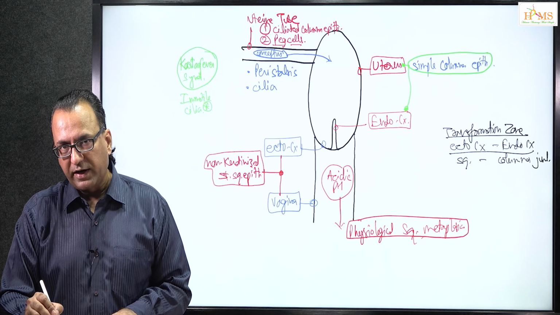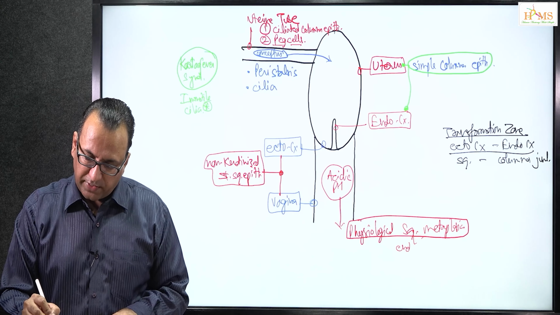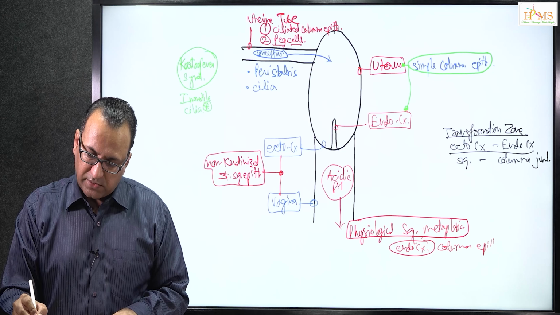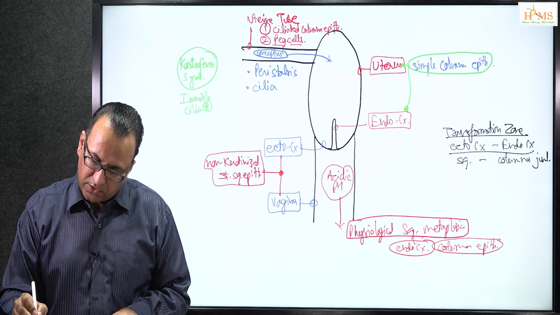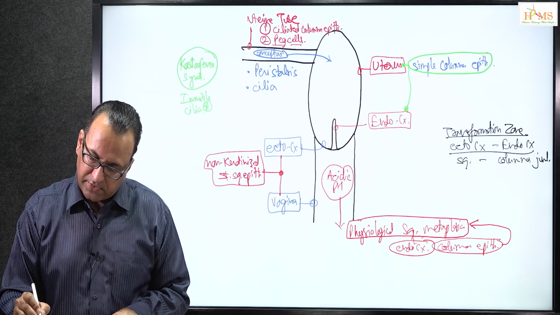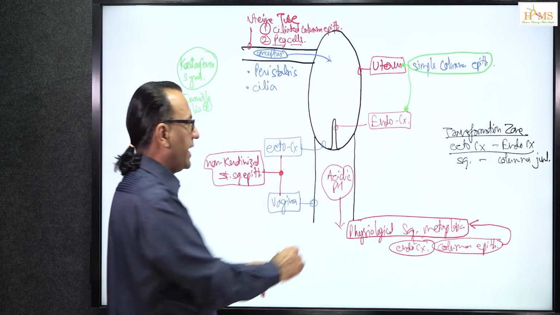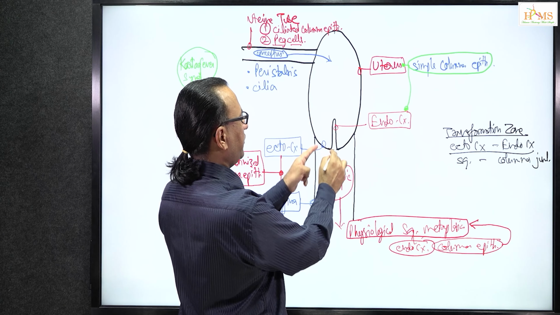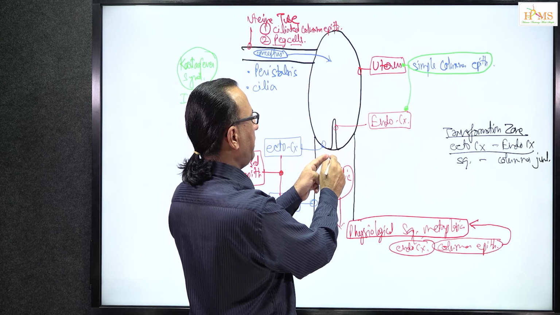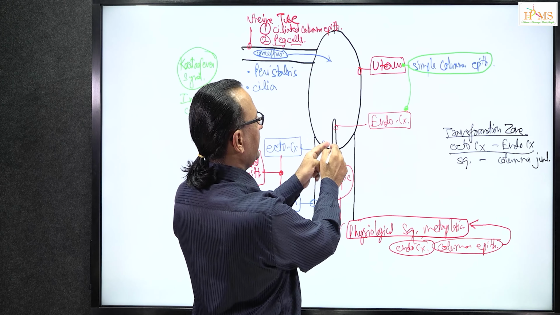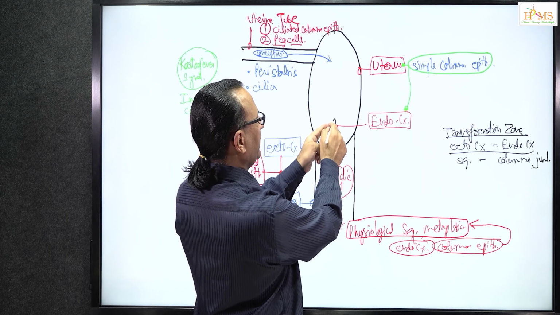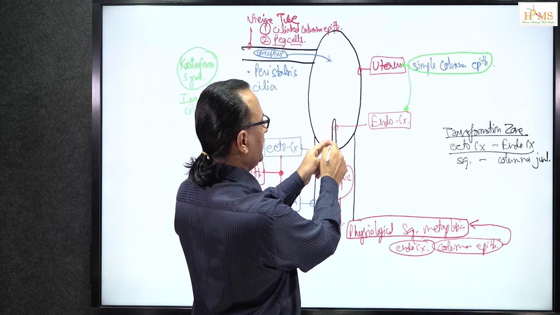A small portion of the endocervix which was lined by columnar epithelium, since it came outside and was exposed to acidic pH, got changed into squamous metaplasia. Once the lady achieves menopause, this transformation zone again goes back inside. That means in puberty and in menopause, the transformation zone is on the inside. Only in reproductive age does it come outside.